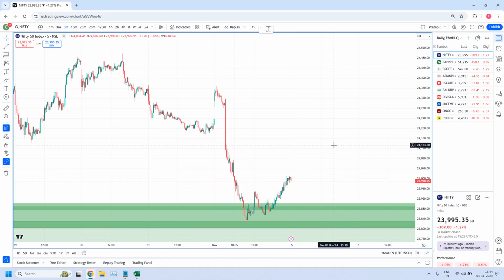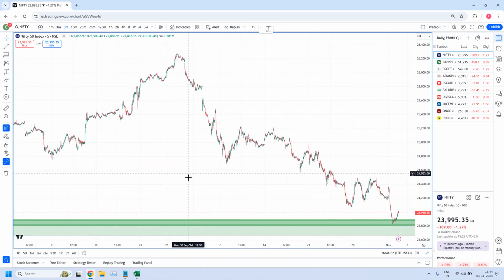Identifying the zone that has good order flow is very important. The zones which have good order flows are not identified by some of those TradingView scripts. They are just marking the zones. Marking the zone is not important. Identifying the zones having strong order flows is important.